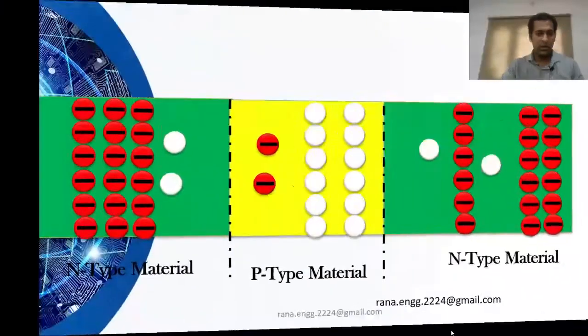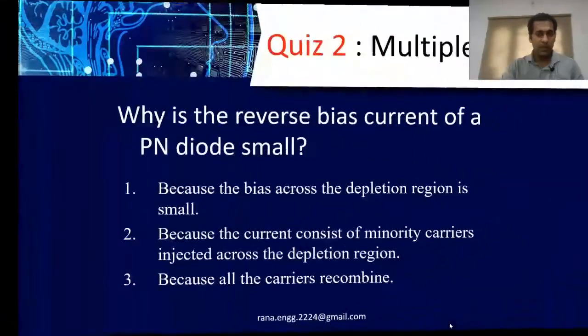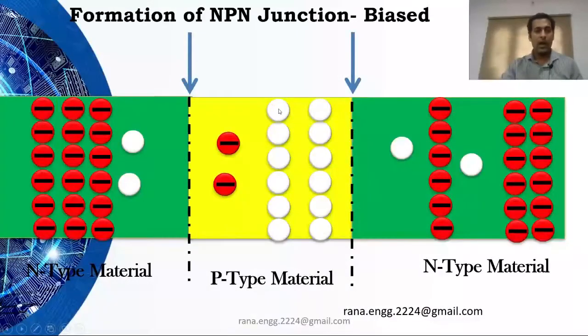What we are talking about now is minority carriers. Minority carriers are on the opposite side. Like in N type, the majority you can see here are the electrons, the red ones with the minus sign indicating the negative charge. But there are also minority holes, maybe 2 or 3, right?